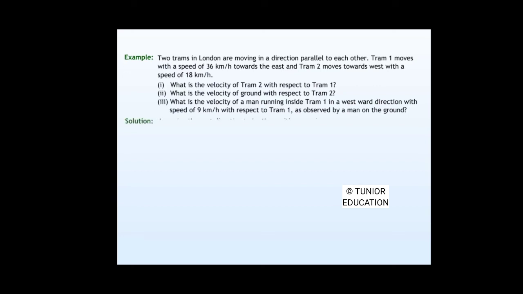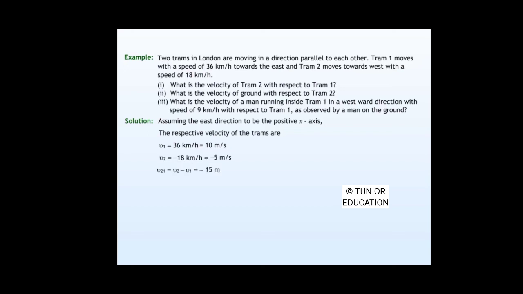Solution. Assuming the east direction to be the positive x-axis, the respective velocities of the trams are v1 equals 36 kilometers per hour equals 10 meters per second. v2 equals minus 18 kilometers per hour equals minus 5 meters per second. v21 equals v2 minus v1 equals minus 15 meters per second.